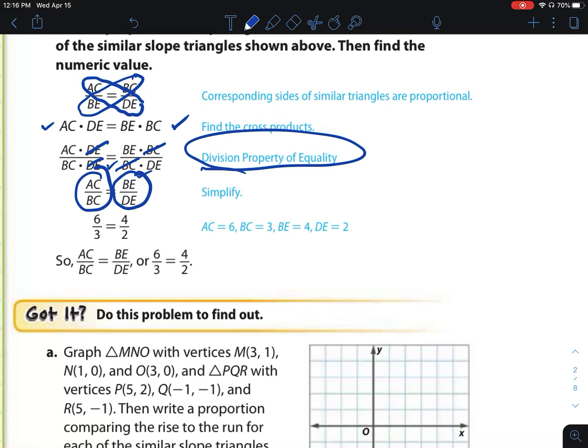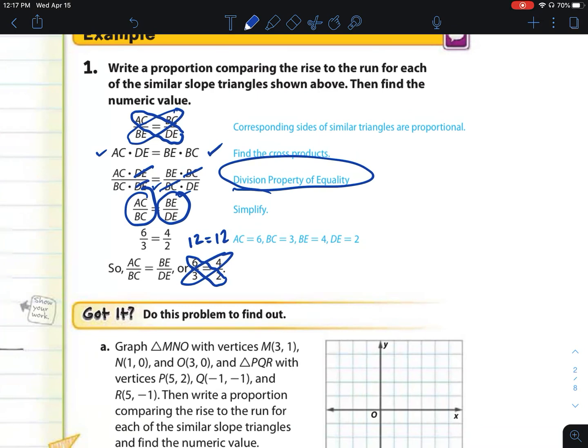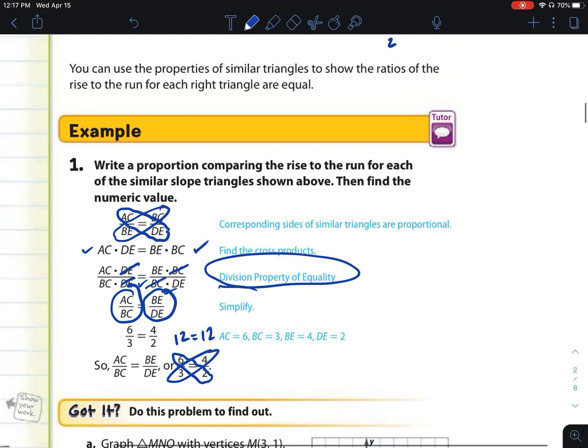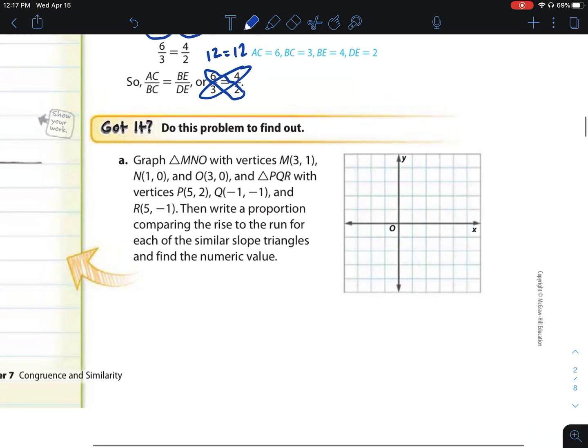How do we know that? Because if you do the cross product, 6 times 2 is 12, and 4 times 3 is 12, and 12 is equal to 12. So that's how we are able to prove that these two triangles are similar to each other.